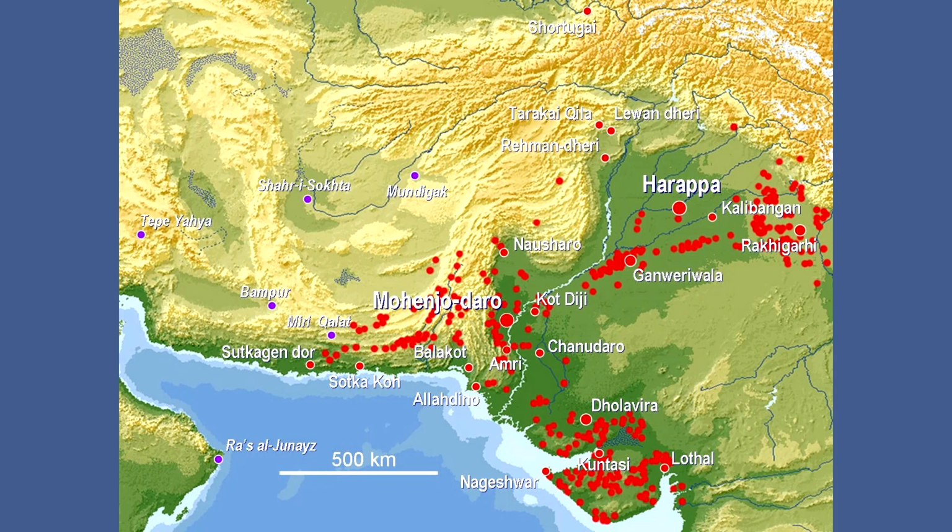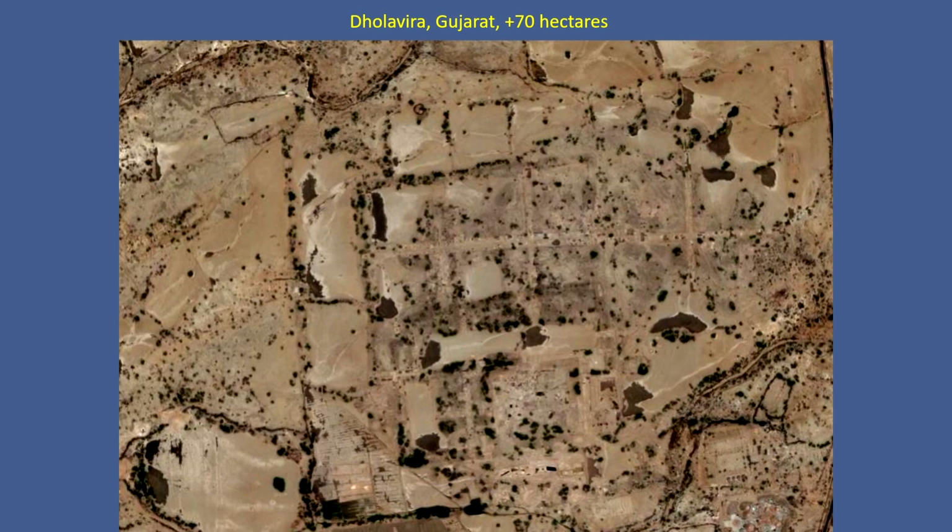The red dots show that most of the sites were along the river bank. If you go to Google Earth and look at this area, it shows a very meticulously designed pattern where you can see the blocks here. These are all well-planned construction.